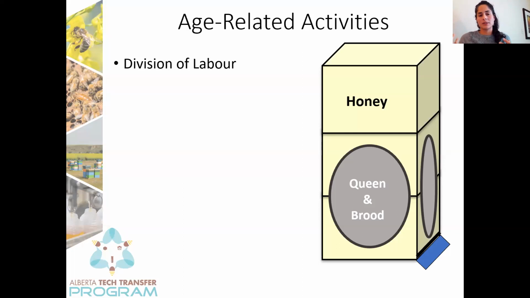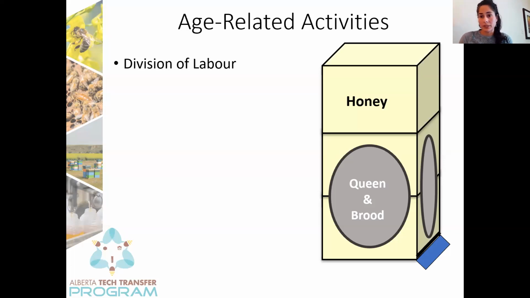So some bees are nectar foragers, for example, and they will mostly only collect nectar. They're very specialized. And some bees are pollen foragers, and they will rarely switch to nectar foraging. So it kind of grows into them.